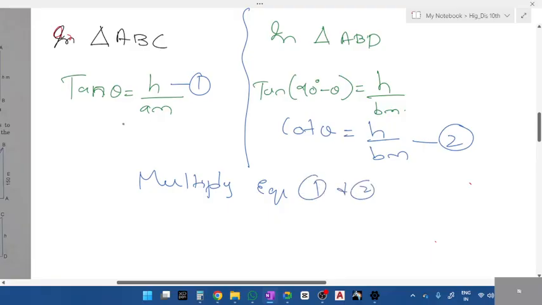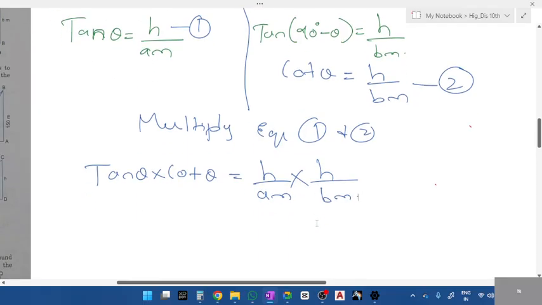So look here, equation 1, left hand side, what's the value given? Take left hand side for both, tan theta into cot theta. Right hand side, for the first equation, h divided by AM, multiplied by h divided by BM.